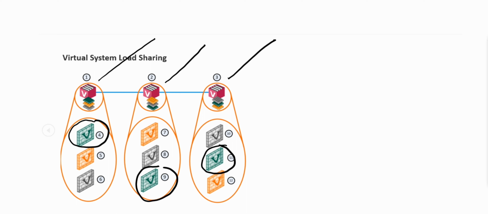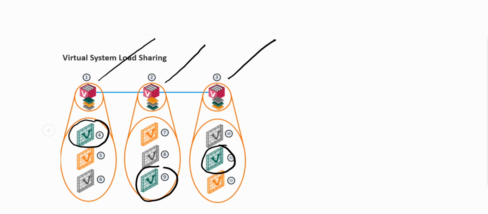This distribution spreads the load equally between the VSX cluster members. What that means is, depending on the weight of each virtual system, the load of the traffic will take place.